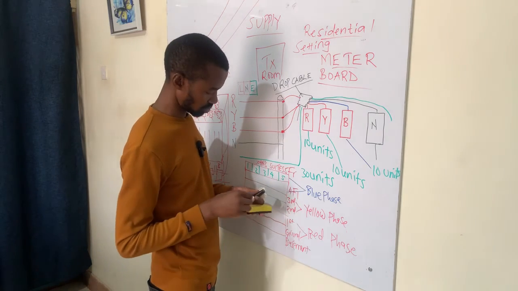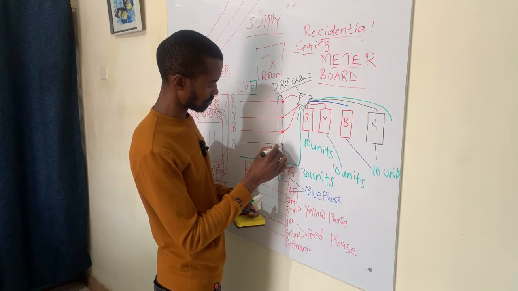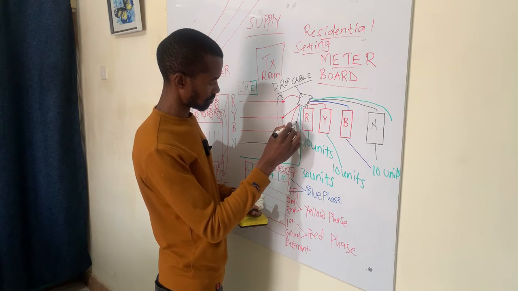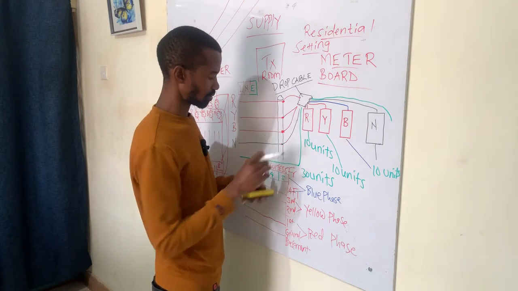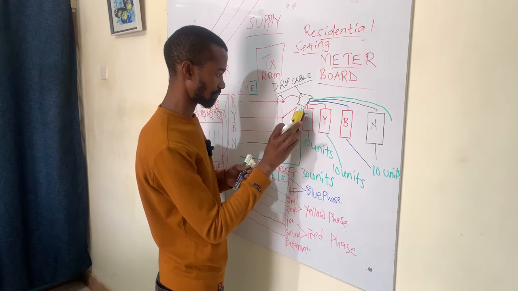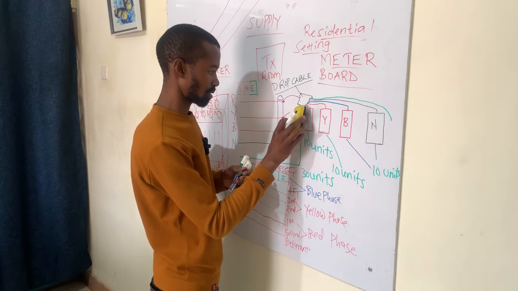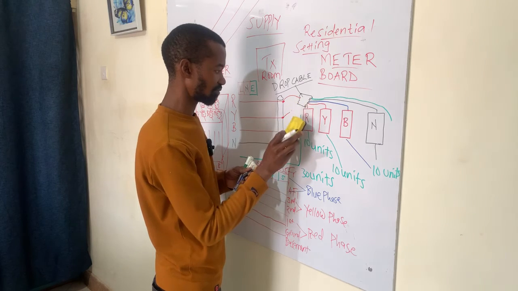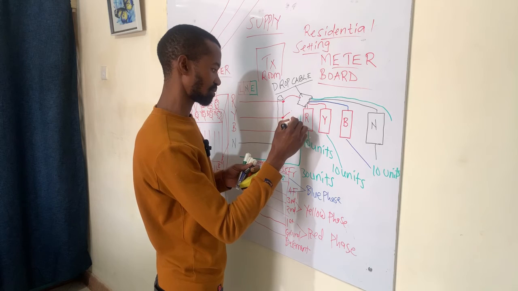Does it really look good? Let me draw the neutral wire well, like so. And also at this particular point, a designer must have some drawings which make some sense.